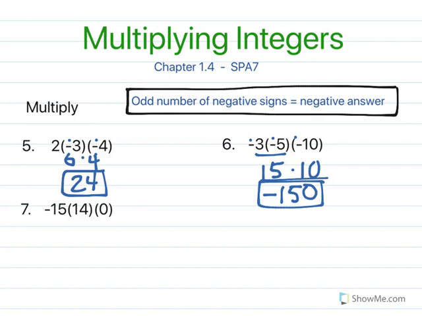Okay? And then finally, for number 7, it's negative 15 times 14 times 0. I'm multiplying all the way across, and I notice there's that 0. If I multiply anything by 0, the answer becomes 0, so my final answer is 0. So there is multiplying 3 different integers.